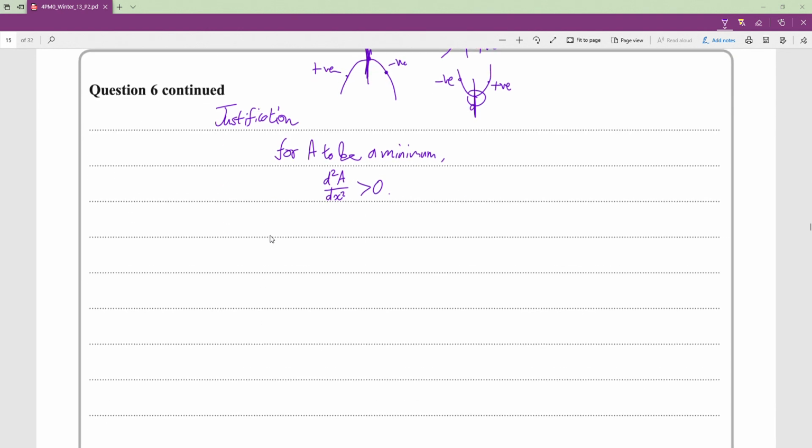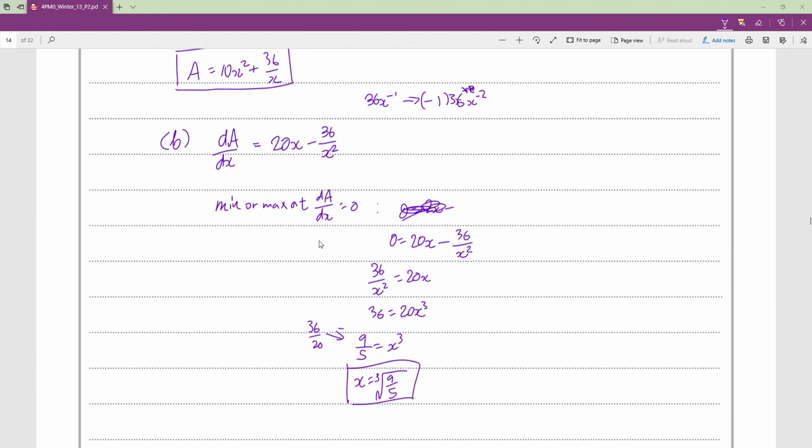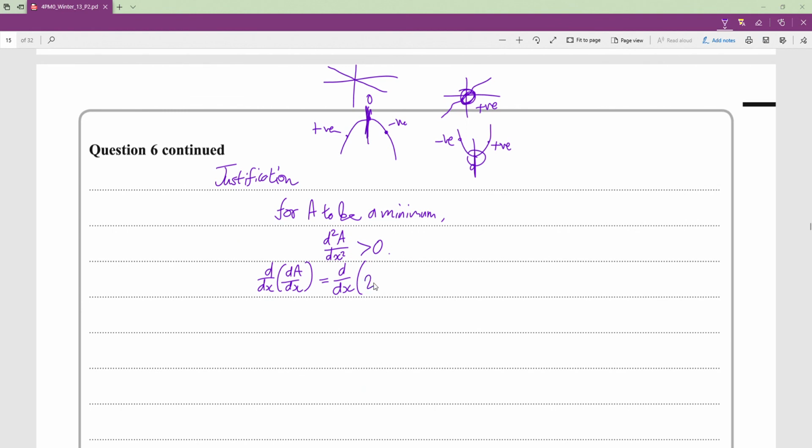How do we justify this? Well, d by dx of dA by dx, to get our second differential, which is d by dx of 20x minus 36 over x squared. Let's rewrite 36 over x squared in a power form to make it clearer what we're doing. This is d by dx of 20x minus 36x to the negative 2.